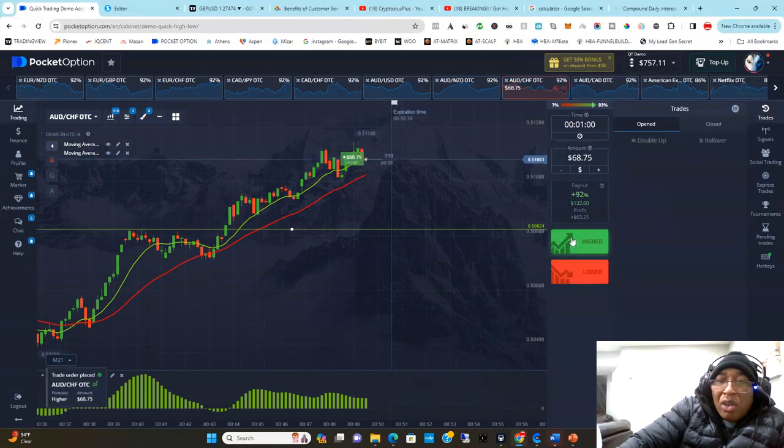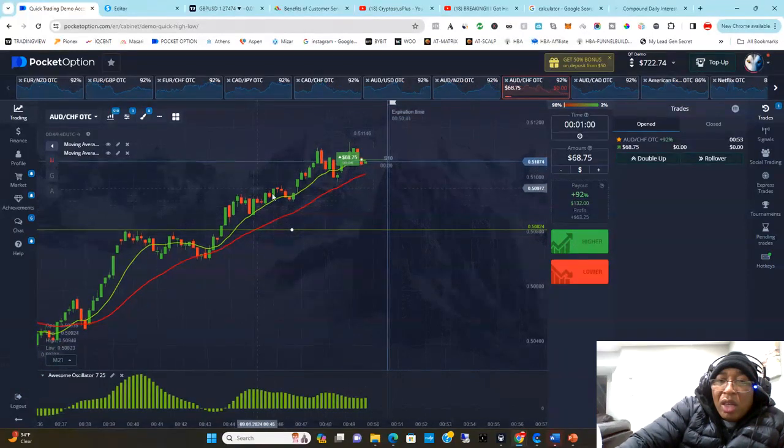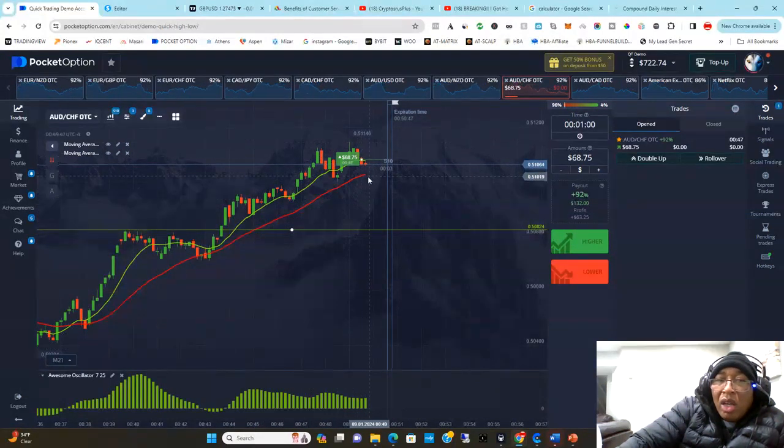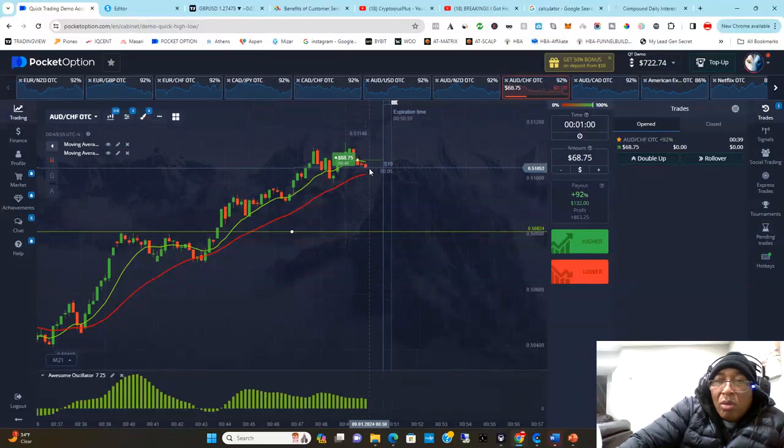Okay, this is just going up, so we're going to go up too. It's going up and down, like it retraces a little bit, goes up, comes down, goes up. So this is in the face of going down, and I'm hoping it will turn upwards soon. Okay, maybe we jumped in too soon, but let's see.